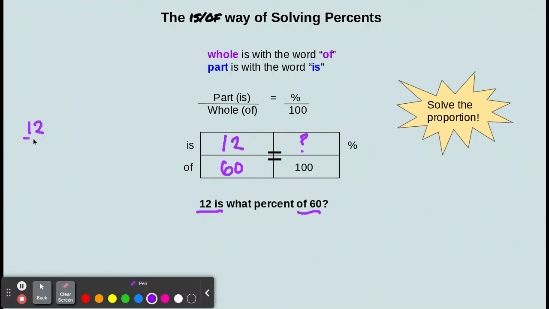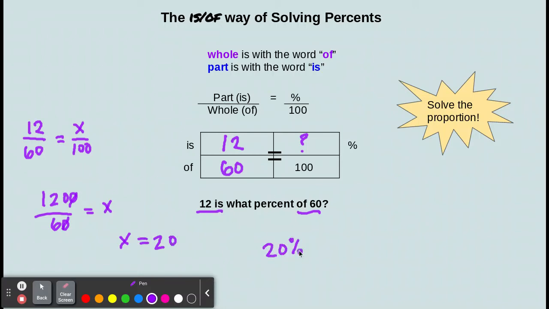So then our equation becomes 12 over 60 equals x over 100. Multiply both sides by 100 and you get 1200 divided by 60 equals x. So x then equals 20. So 12 is 20% of 60.